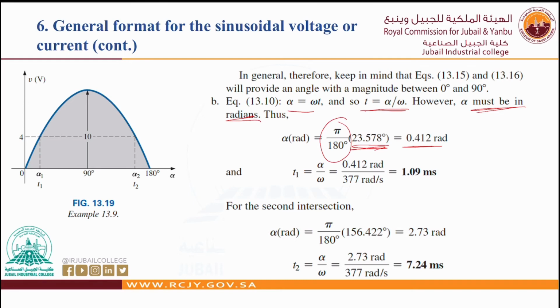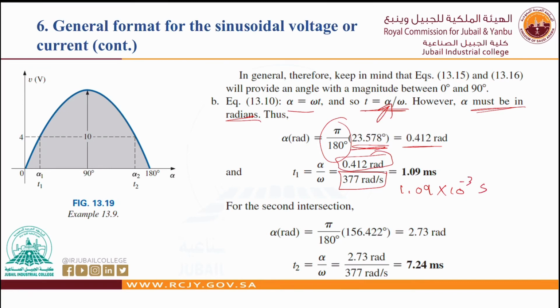And T1 is equal to alpha over omega. Now the new alpha in radians divided by the omega in radians equals 1.09 milliseconds, or 1.09 multiplied by 10 to the power minus 3 seconds.